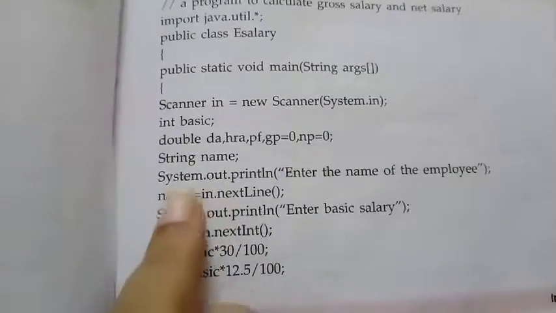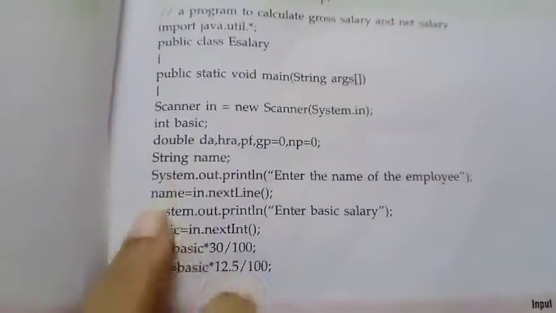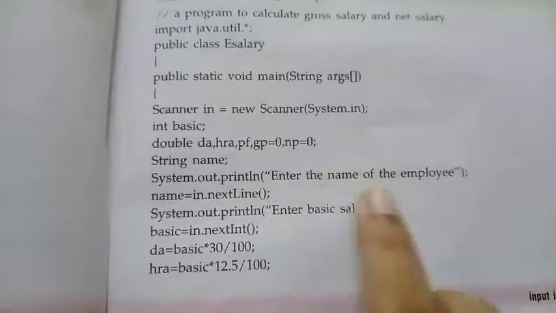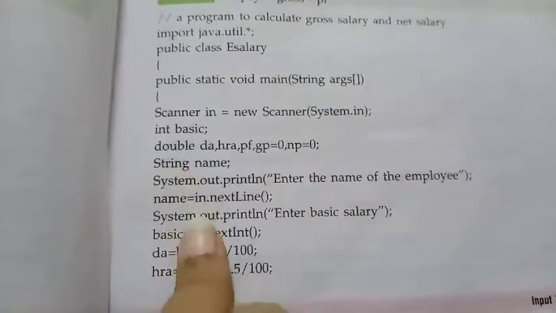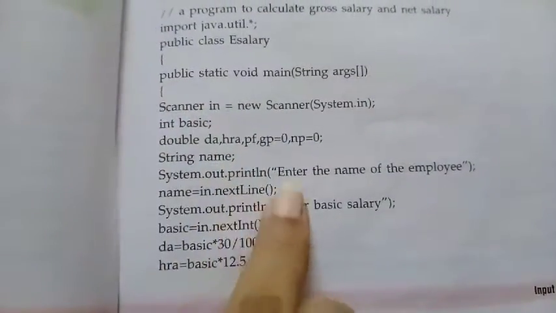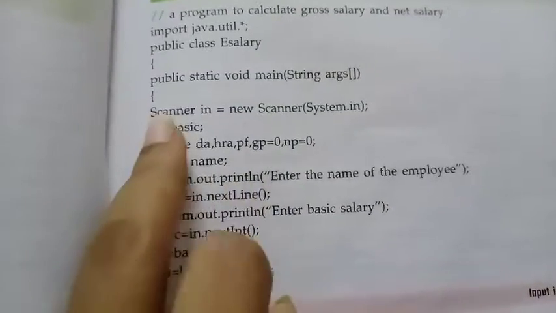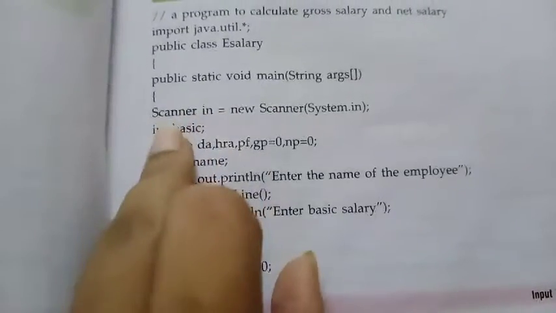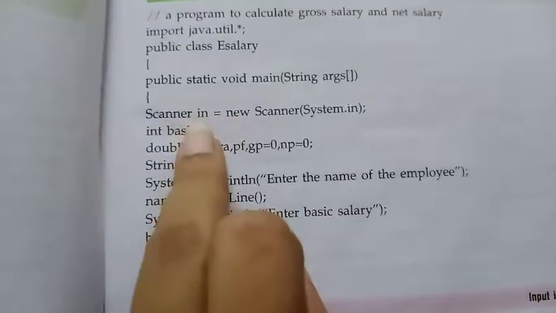Okay, then there is your string name, because they have asked to enter the name of the employee also. So string name, and System.out.println, enter the name of the employee, and you are getting it and saving it in the variable. And the next line is a method of the Scanner class to read the string. Since it belongs to the Scanner class, we can use it along with the object created by that class only.